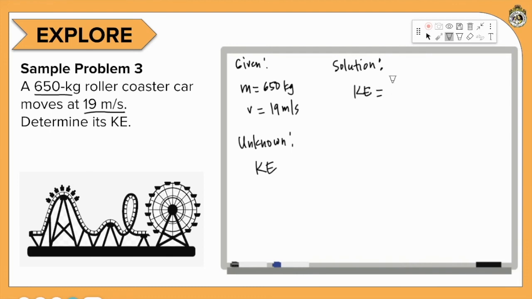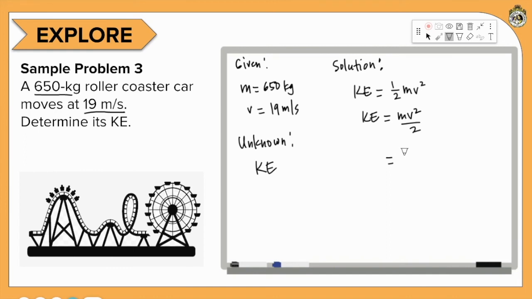Kinetic energy is equal to 1/2 times mass times the square of velocity. You can also write it this way: kinetic energy is equal to mv squared divided by 2. These two formulas are exactly the same, and you will get the same answer. Let me use this formula.